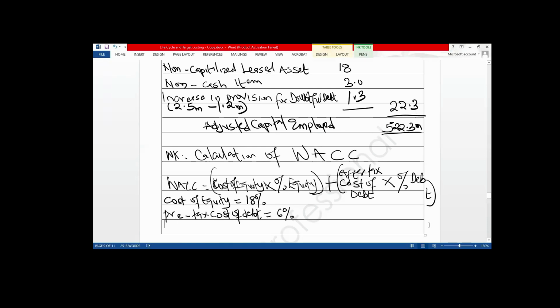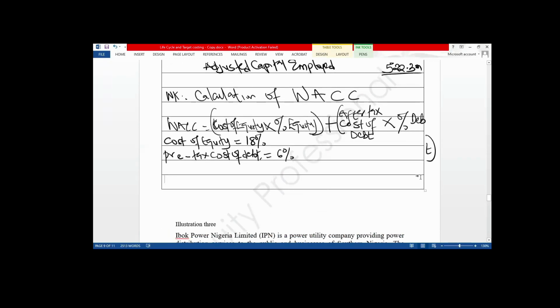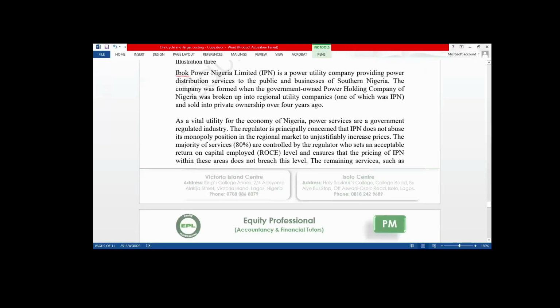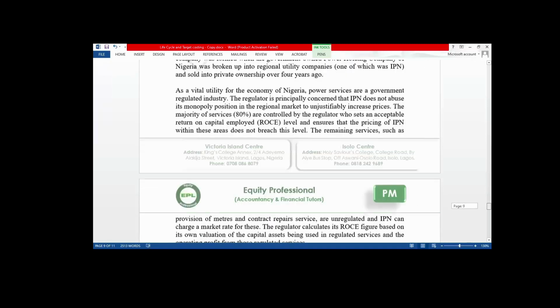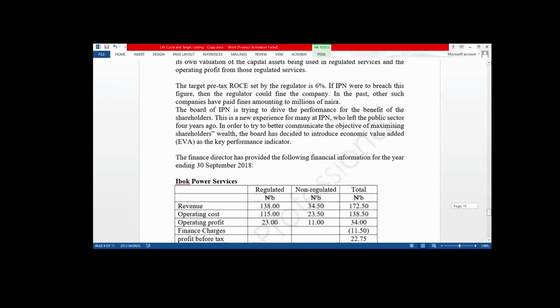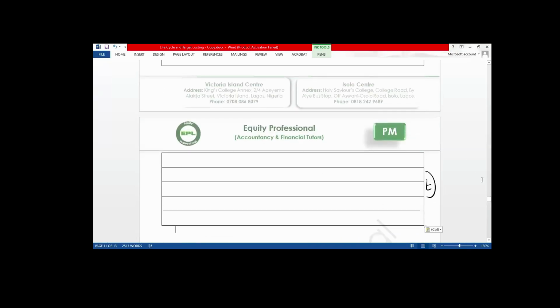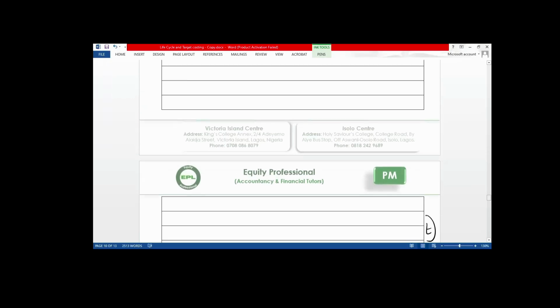We need that to create space for calculation.